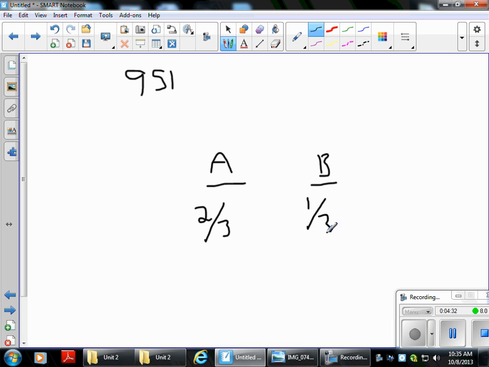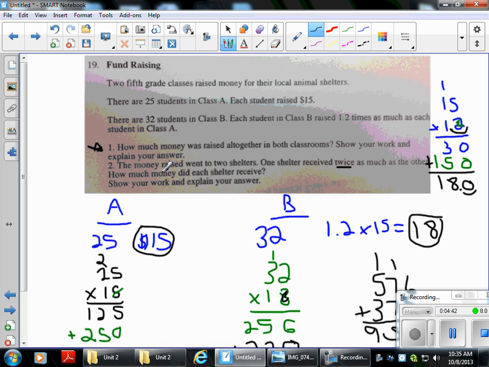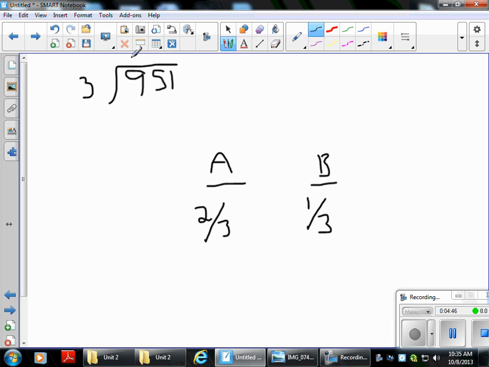I have to divide 951 divided by 3, because one raised twice as much as the other. 3 goes into 9 3 times, which equals 9. I'm going to subtract, we get a 0 here.